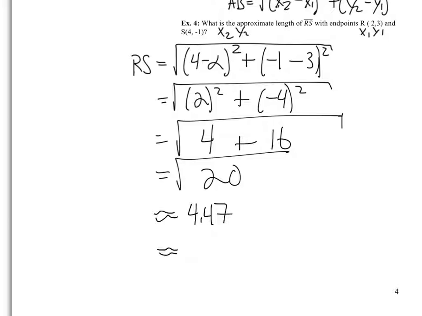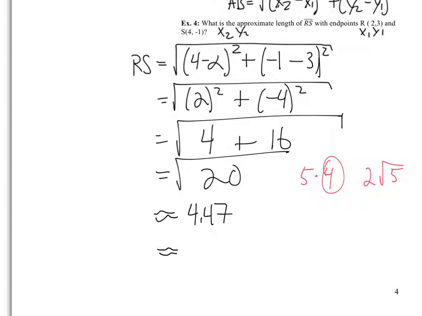Another way we could write this is we could take out squares from under the square root. I think you guys have done that before. 20, if we rewrote this, 20 would break into 5 times 4, and then we can take the square root of this 4 value. So we could say this is 2 square roots of 5 if we wanted to.